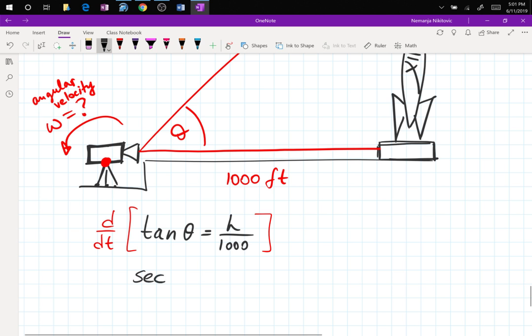Secant squared theta, followed by d theta/dt, because we have the chain rule kicking in, equals, what's the derivative of h? 1. So 1 over 1,000 times 1 times dh/dt.